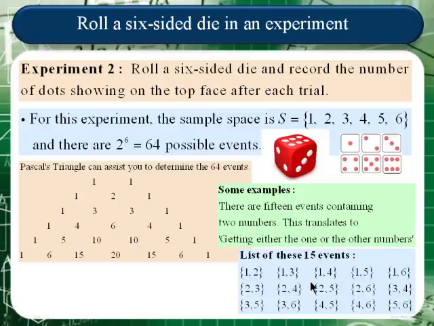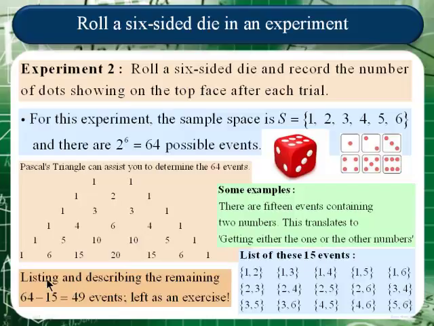You just have to work systematically to account for all the possible events. You can get a 3 or a 4, 3 or a 5, 3 or a 6, 4 or a 5, 4 or a 6, or a 5 or a 6. So these are the 15 events. You can also go about listing all the other ones.